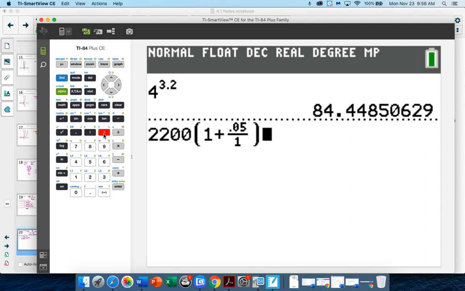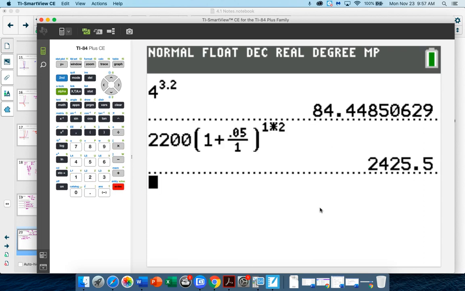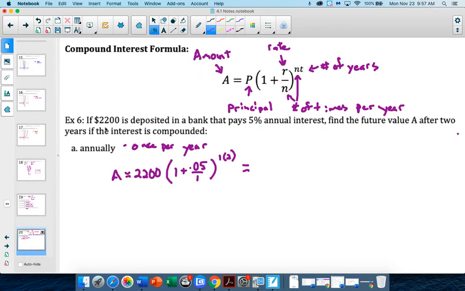And we wouldn't have to put it over 1 in this case. To the 1 times 2 power. And we get 2,425.50. So we've gained a little bit of interest here.